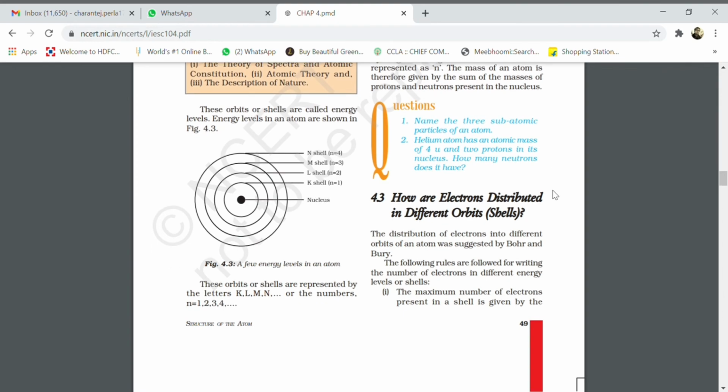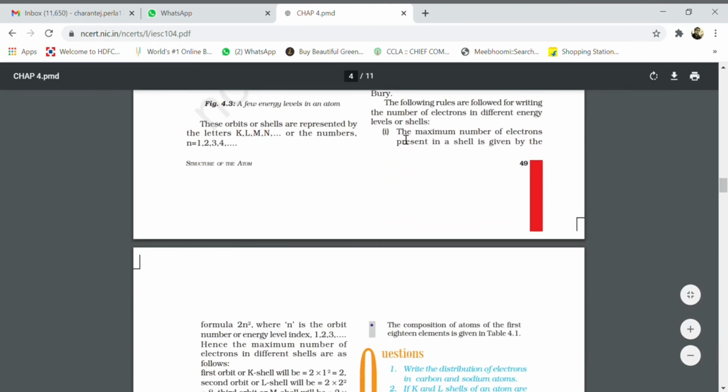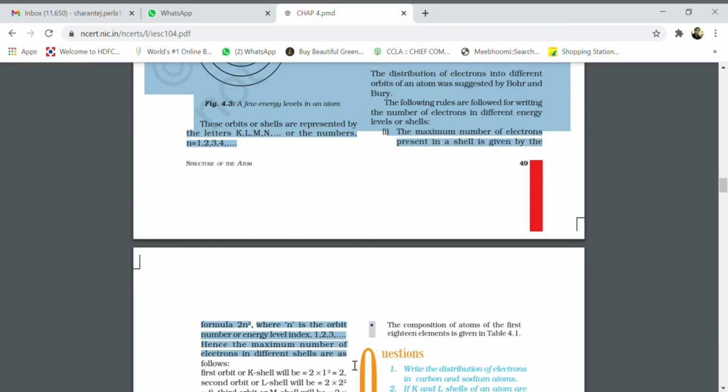So Bohr gave a few rules for this distribution of electrons. Here you can see the first rule: the maximum number of electrons present in a shell is given by 2n square. What does 2n square mean? It means 2 into the number of the shell, squared.